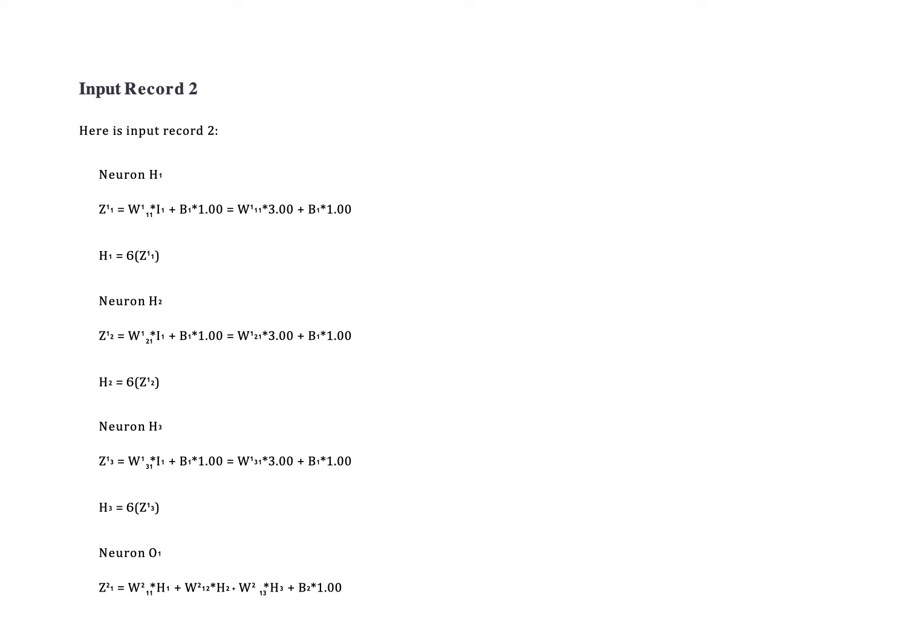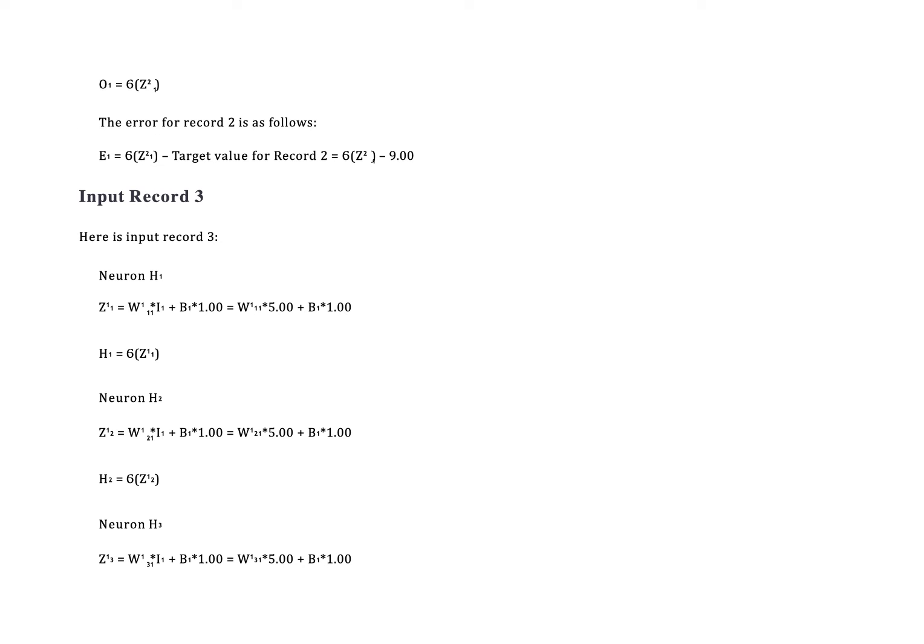Neuron H3: Z13 equals W131 asterisk 3.00 plus B1 asterisk 1.00. H3 equals Z13. Neuron O1: Z21 equals W211 asterisk H1 plus W212 asterisk H2 plus W213 asterisk H3 plus B2 asterisk 1.00. O1 equals Z21. The error for record 2 is as follows: E1 equals Z21 minus the target value for record 2, which is 9.00.